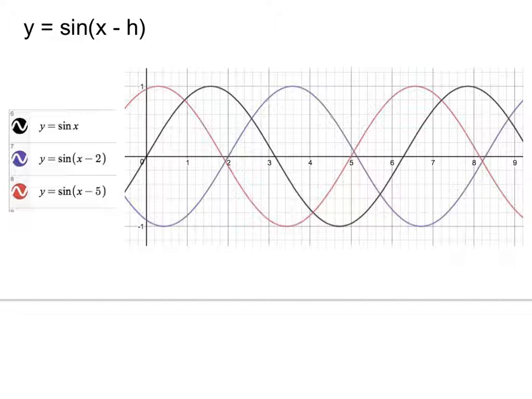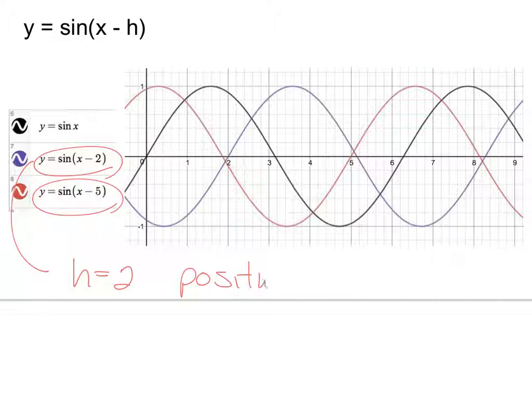Okay, now we switched from pi's to numbers, and it still works the same with the purple one. h is 2, which is positive, to the right. You can actually see our starting point is 2. Okay, for the next one, our starting point is 5.